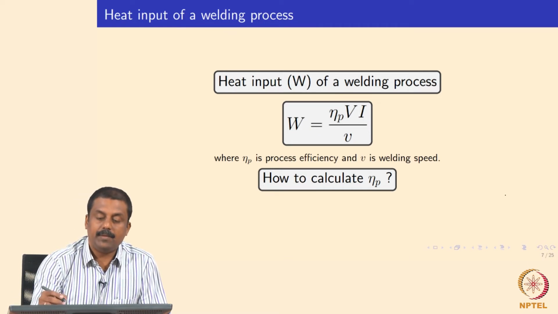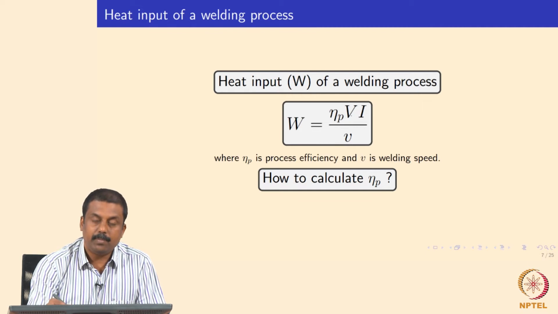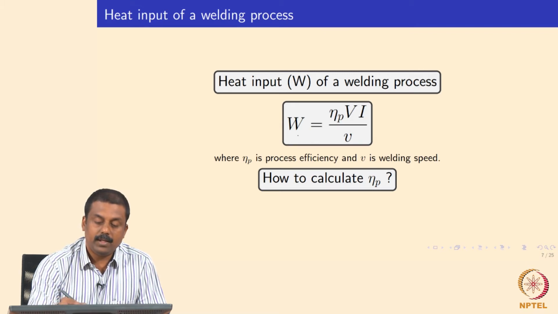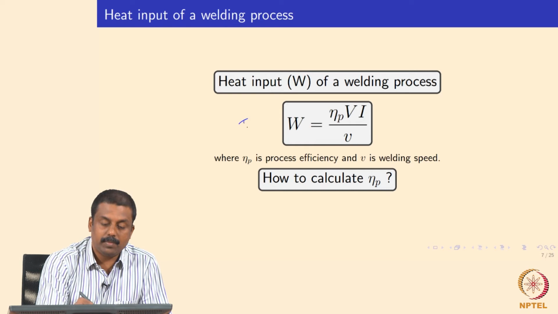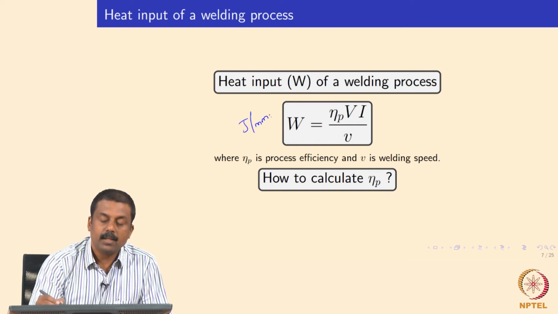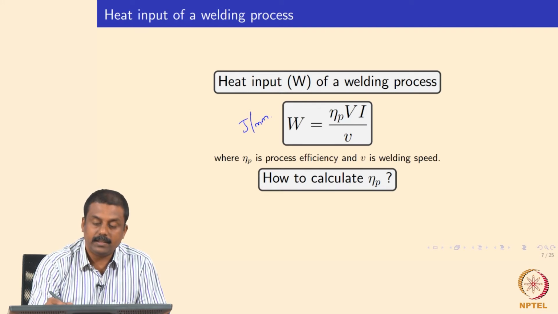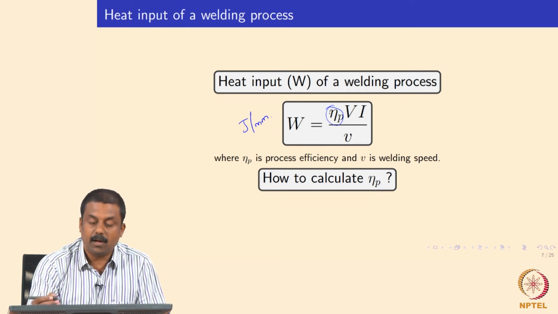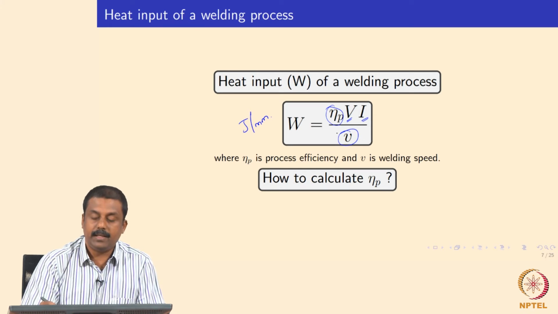The heat input, calculated in joules per mm, is nothing but η, the process efficiency, times V, the voltage of the circuit, and I, the amperage, the current you send into the system, divided by v, the speed of welding. Process efficiency determines how much of the heat generated in the arc is transferred to the workpiece. So the important parameter here is the efficiency.